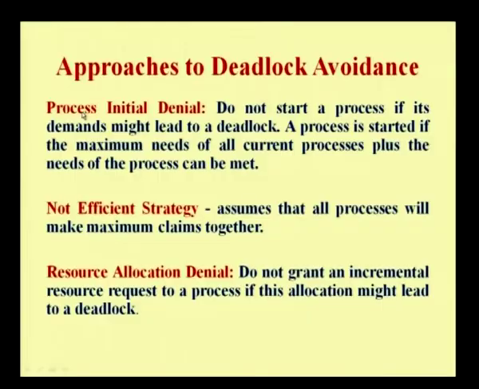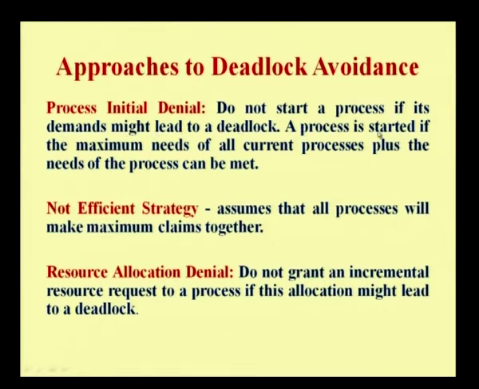Now let us see the approaches to deadlock avoidance. There are 3 different approaches. Point number 1, process initiation denial. Point number 2, it is not an efficient strategy. Point number 3, resource allocation denial. As far as point number 1 is concerned, process initiation denial: do not start a process if its demands might lead to a deadlock.